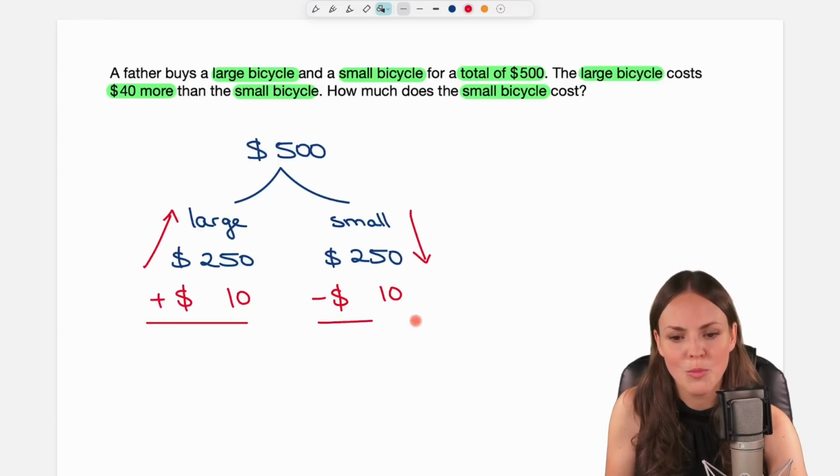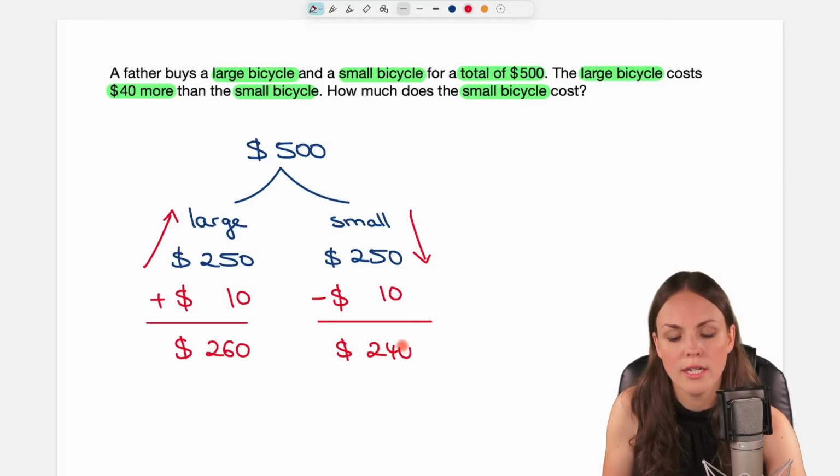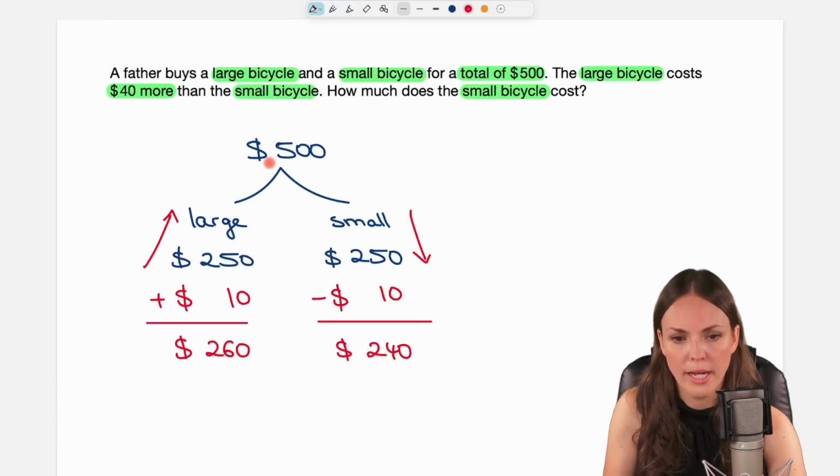What would be our new prices then? 250 plus 10 is $260, and 250 minus 10 is $240. So we haven't changed the total amount. And what is the price difference here now? From 240 to 260, we have a difference of $20.